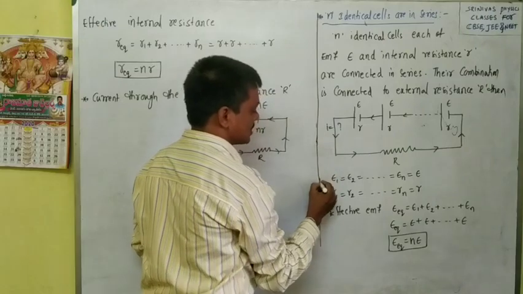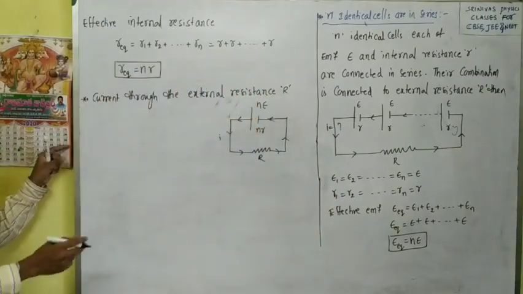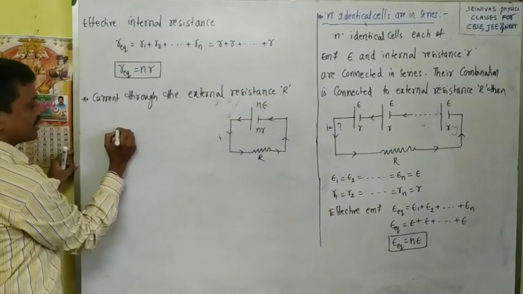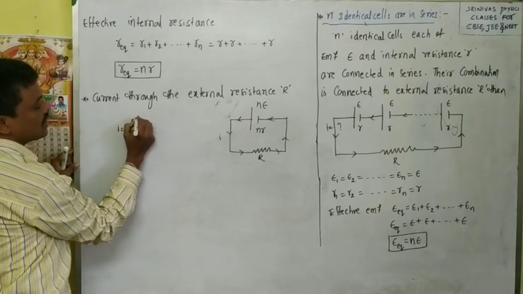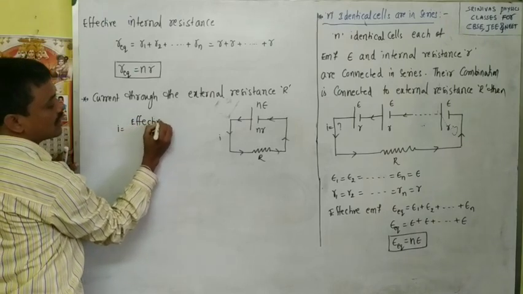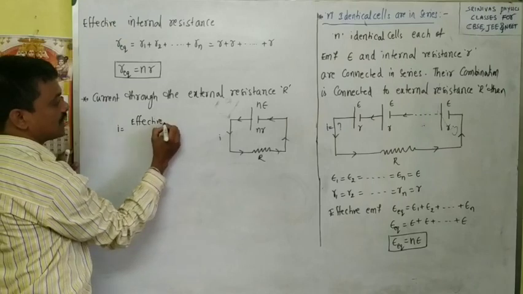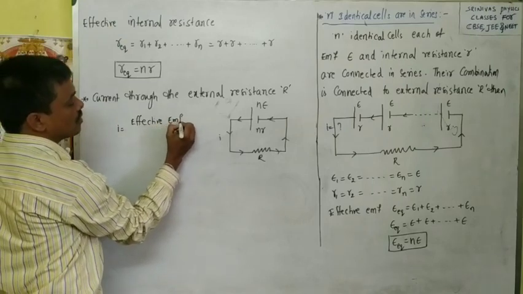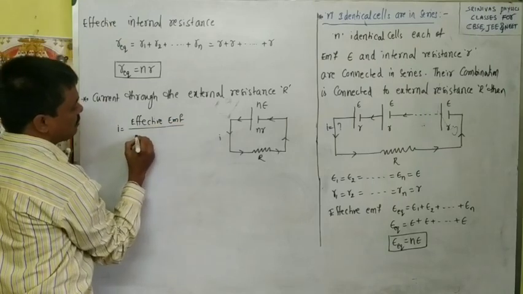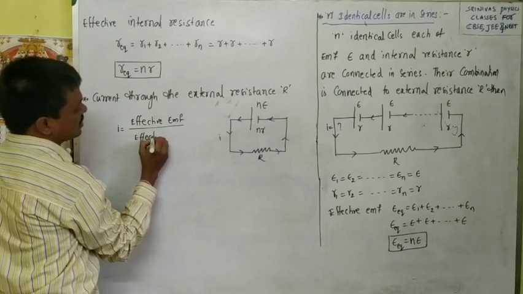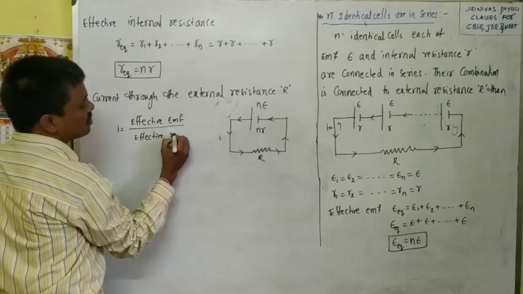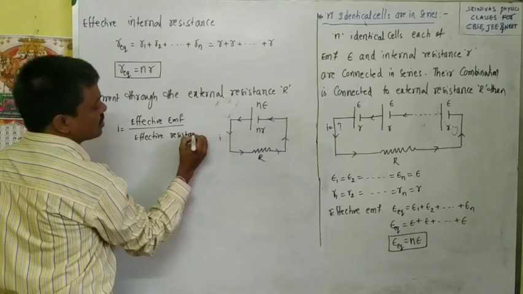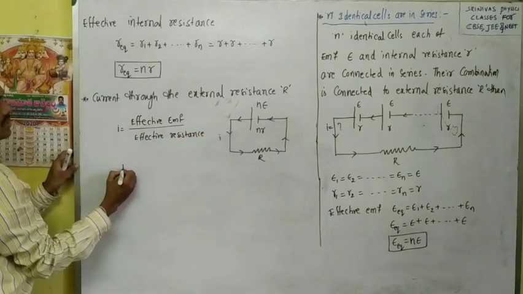In the last class we discussed the current formula according to Ohm's law, V by R. But we can also write the current formula as effective EMF by effective resistance. What is the effective EMF?